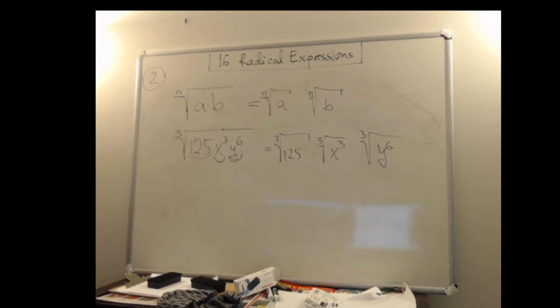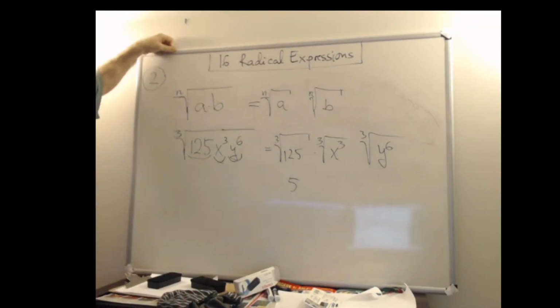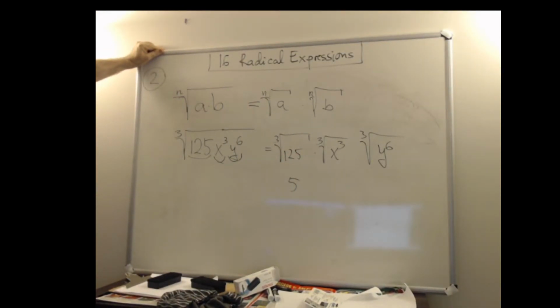Now, this is not too hard to figure out. This is 5. 5 times 5 is 25, times 5 is 125. Oh, by the way, you might want to remember this. When you make a cube of 1, you get 1. When you make a cube of 2, you get 8. When you make a cube of 3, you get 27. Check it out.